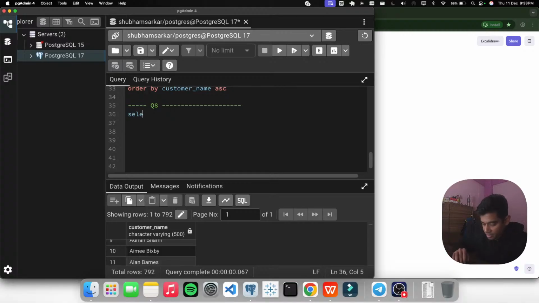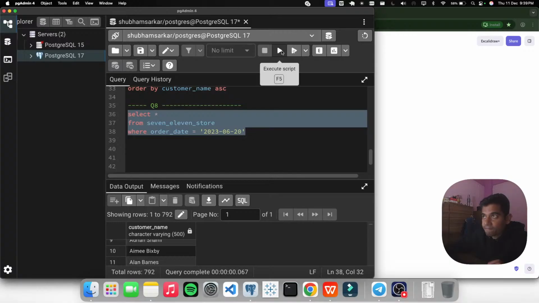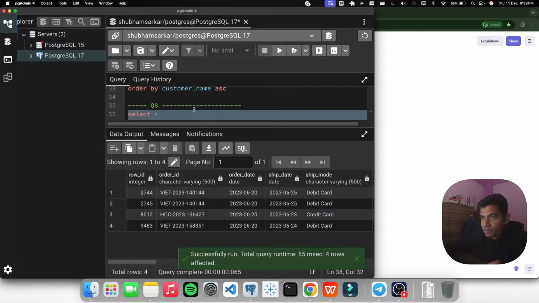Select everything from 7-Eleven store where order date equals 2023-06-20. When you execute it you get the output.